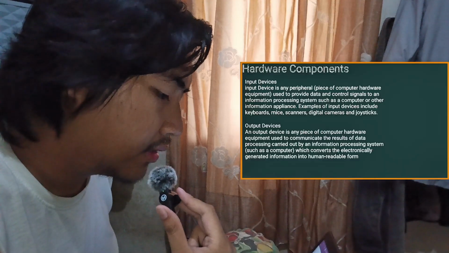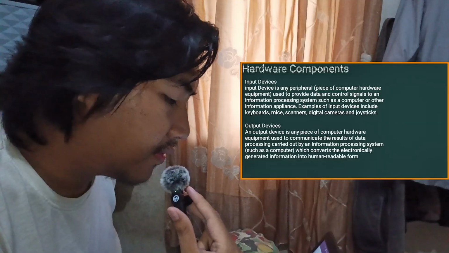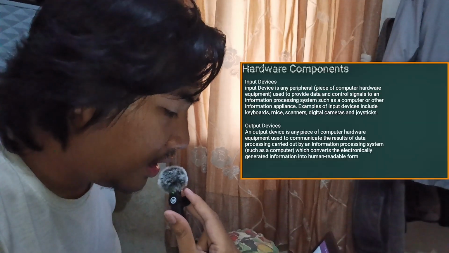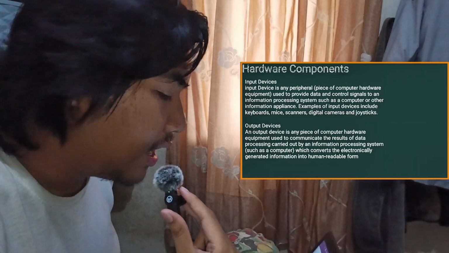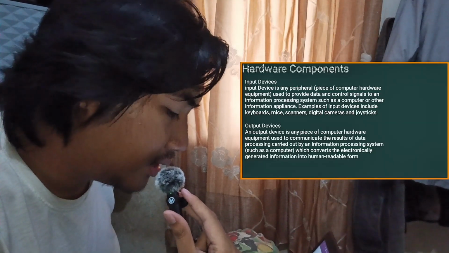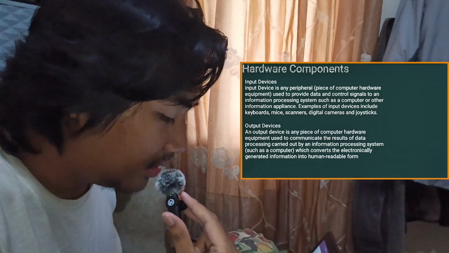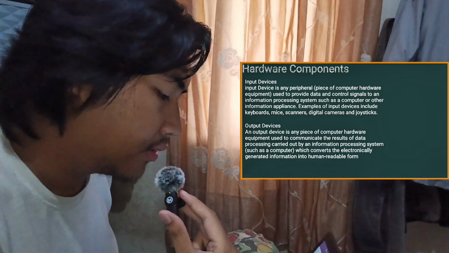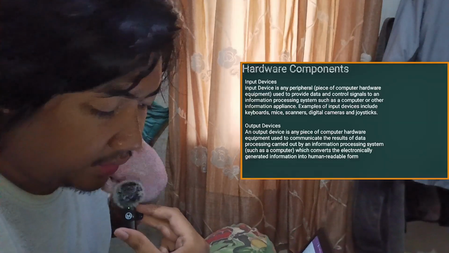Okay, the next page is hardware components. Input device. An input device is any peripheral used to provide data and control signals to an information processing system such as a computer or other information appliance. Examples of input devices include keyboard, mouse, scanner, digital cameras, and joystick. And the next one is output device.